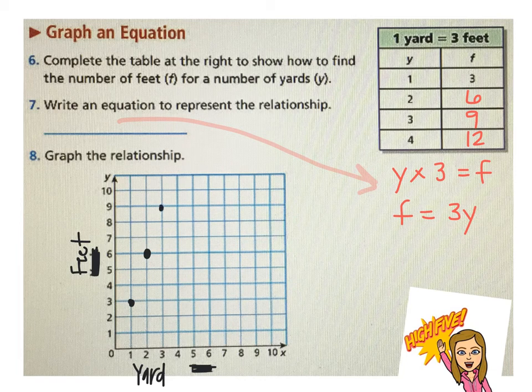And I'm noticing on the next one that my table doesn't go high enough to 12, so I'm going to stop there with just these 3 points. I could graph 4, 12 and go in 4 and then up another line here, but I have enough points to draw my line. So again, you can see that my line is increasing or going up.